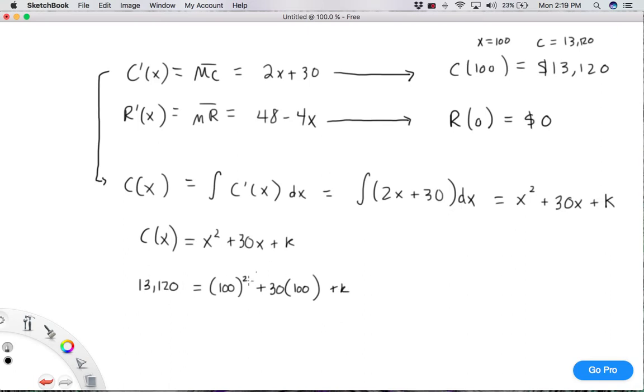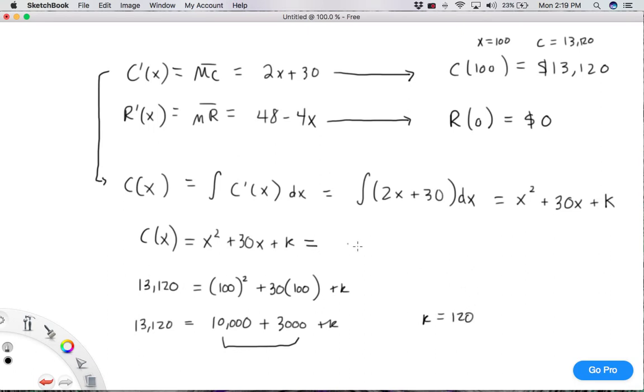So we know everything except for k. So it's like 10,000 plus 3,000 plus k equals 13,120. So all of this makes 13,000, so I think that means k has to be 120.